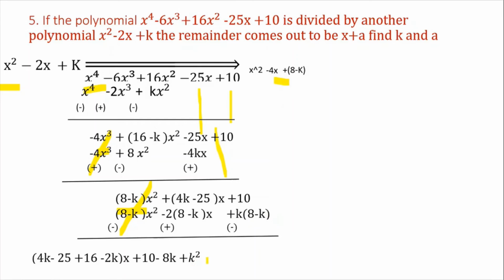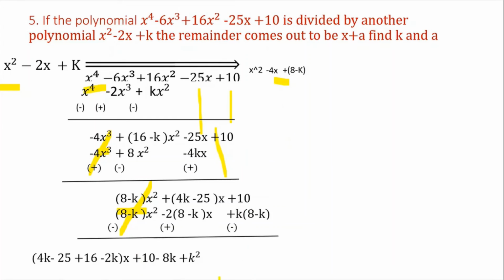So these are the terms that remain after this division process. Now if you compare the degree of the divisor and the degree of the dividend, we can clearly say that the degree of the divisor is greater than the degree of the dividend. Hence we can stop the division process here.